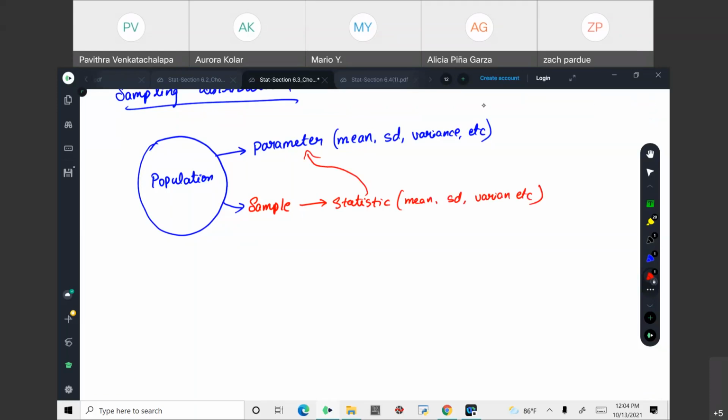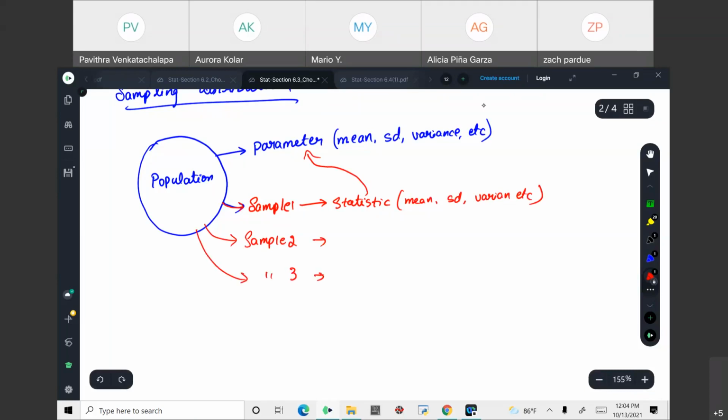Now likewise I will be picking up some random samples. This is sample 1, sample 2, sample 3, and so on, and I will be finding out, let's say, the mean. Let us stick with this.